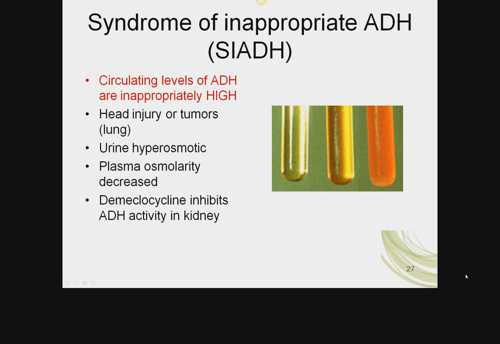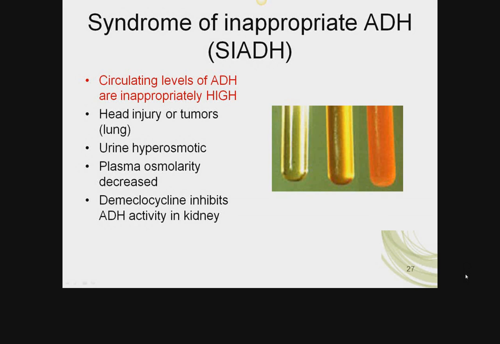If the ADH levels are high and not appropriately regulated, maybe the person has had a head injury and we get too much release by the hypothalamus through the posterior pituitary, or maybe there's a tumor. Of all places, in the lung, this cancerous tumor can lead to it producing ADH. I know that sounds weird, but tumors have a way of assuming inappropriate roles in the body.